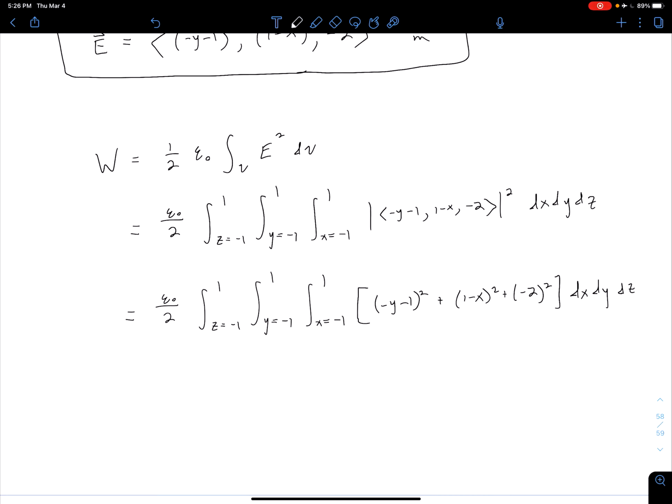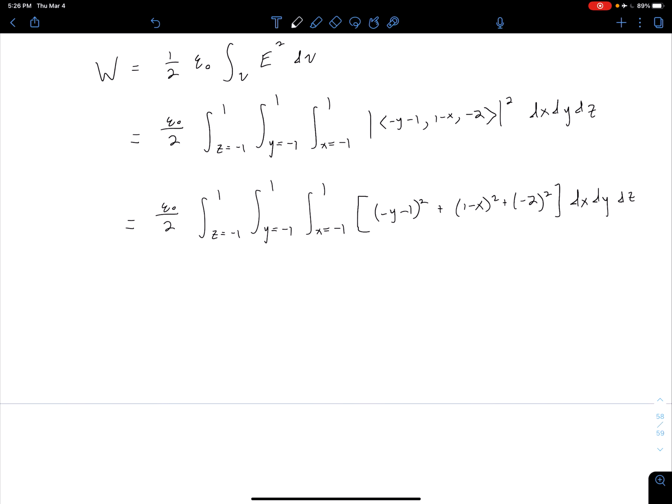At this point, we can break up this integral and factor this out. We'll be left with some constant terms. What that ends up looking like is epsilon naught over 2, multiplied by all of these things I'm going to break apart. We're going to end up with 4 times the integral from y equals negative 1 to 1 of y squared plus 2y dy.